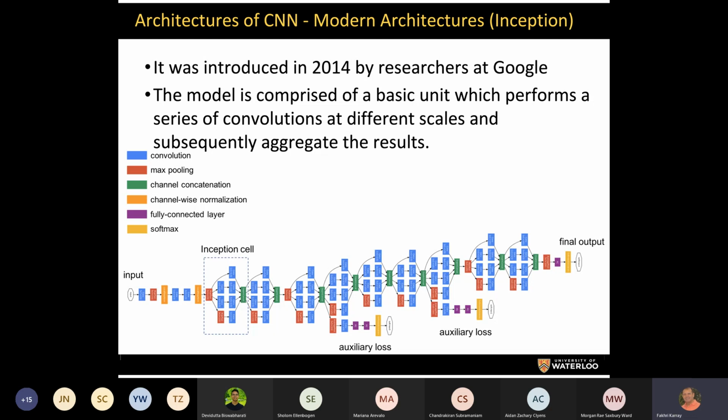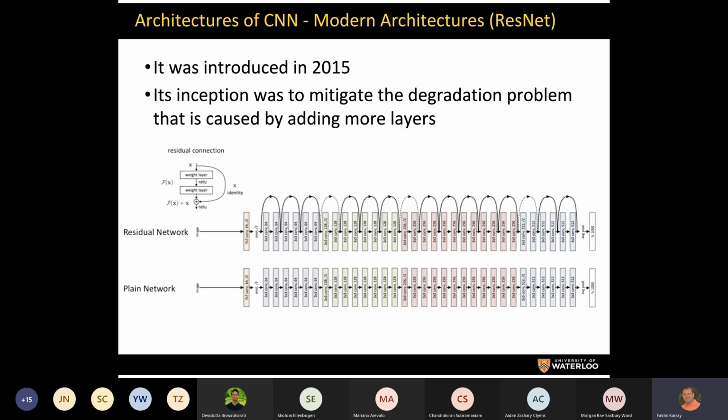So since 2012, people started improving this type of algorithm and providing better structures. This is another type of network known as residual network or ResNet. So this is another type of network which uses what is known as residual connections.